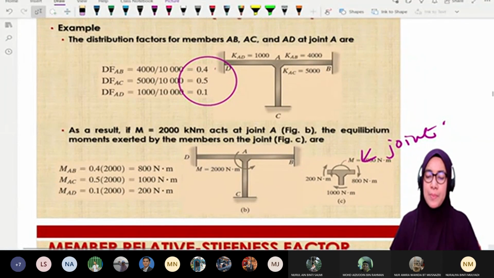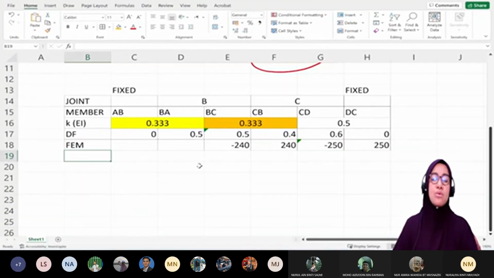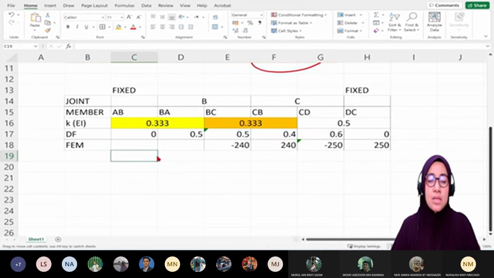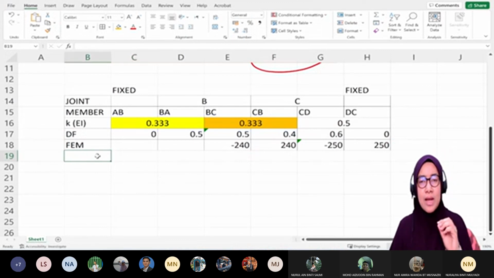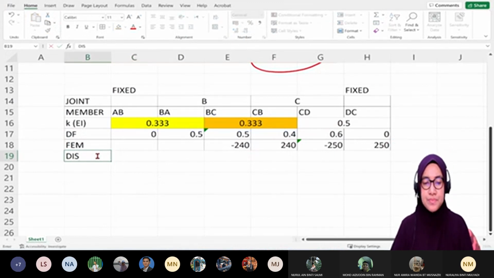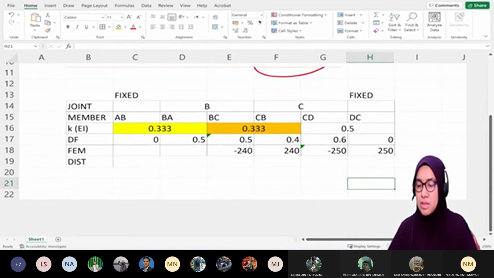Okay, never mind. Let us look in the Excel tab first. Now we will start the first distribution. The label in Excel is distribution.